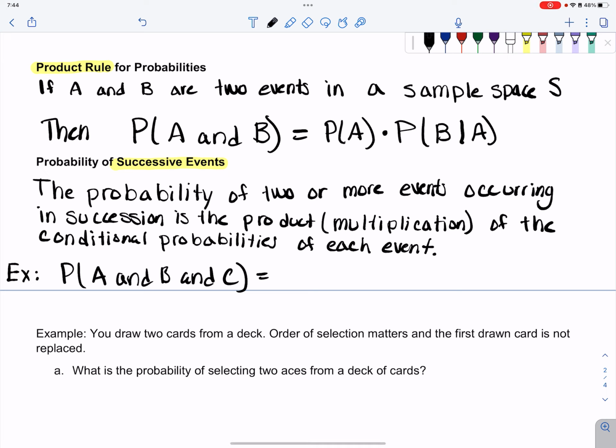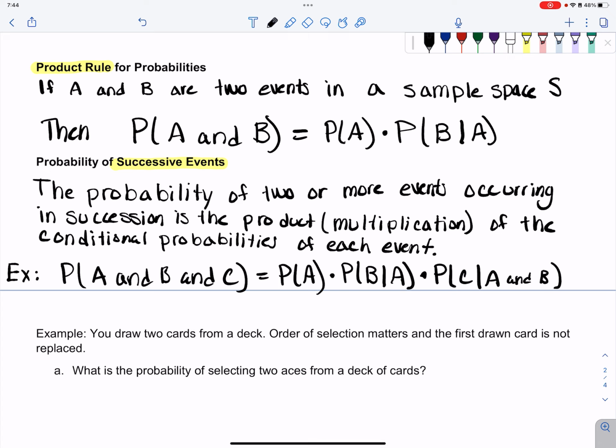Well, we can do this by taking our probability of A, multiplying it by our probability of B given that A has already happened, and then multiplying by this third conditional probability of C given that both A and B have already happened. And essentially, you could just continue this chain. If you had four events, A, B, C, and D, in your original probability, then you would multiply again by the probability of D given that A and B and C have already happened.